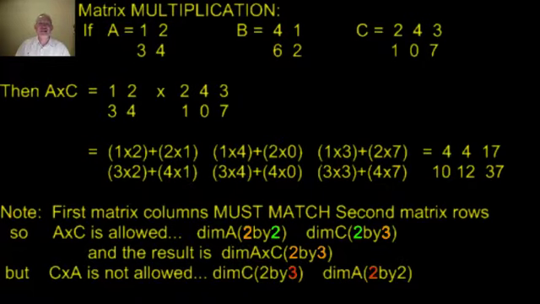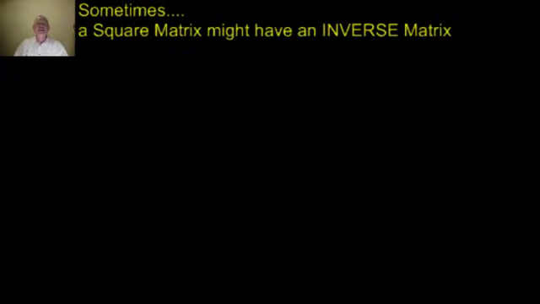Now the next thing to be aware of is that sometimes, but not always, a square matrix might have an inverse matrix. What do I mean by an inverse matrix?